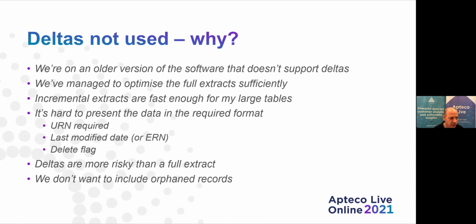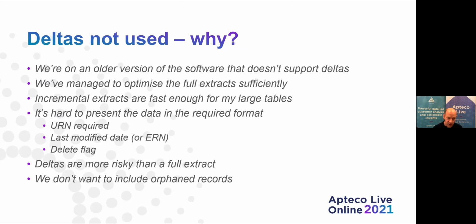Incremental extracts probably are used a lot, and they make a huge benefit to the slowest tables, because for those big transaction tables, which are append only with 1 billion records in, incremental extracts make a massive difference. And they're very simple and easy to set up. So it might well be the case that incremental extracts give enough of a performance improvement that there's not enough pressure to move to deltas.